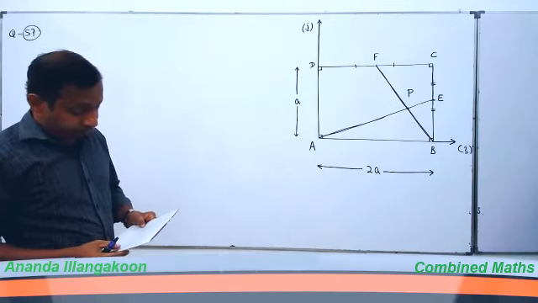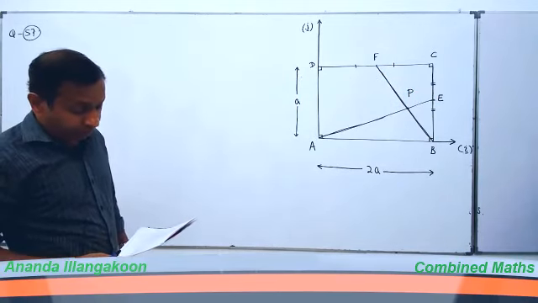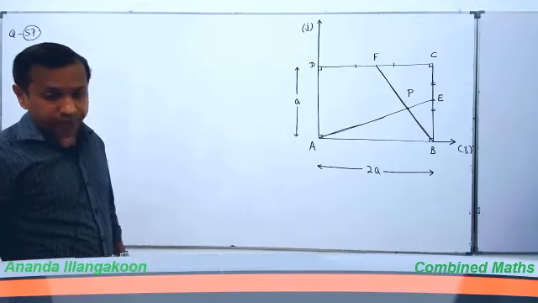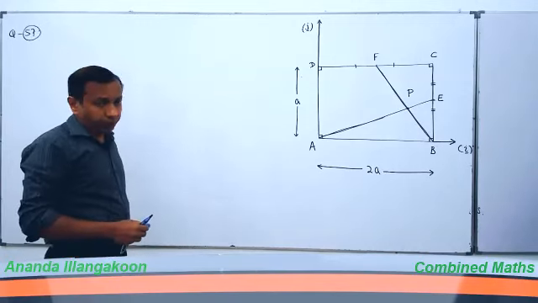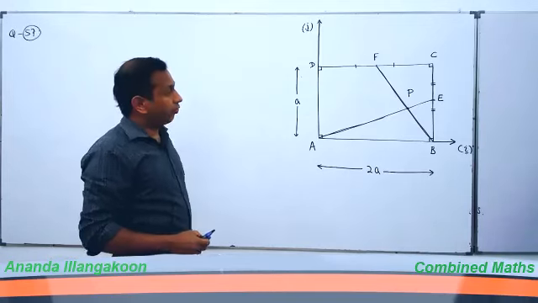Right. When lambda and mu are scalars, show that AP in two ways. People are asked to find the AP vector in two ways.